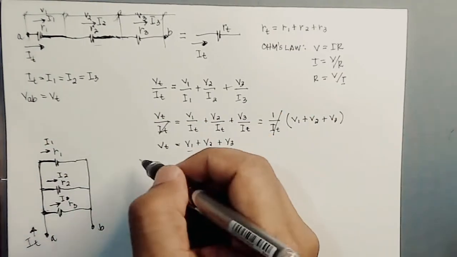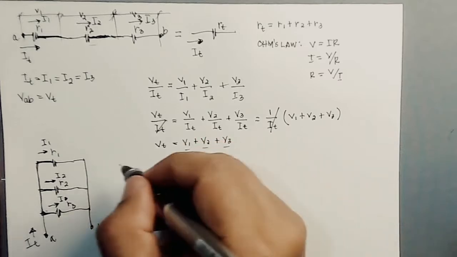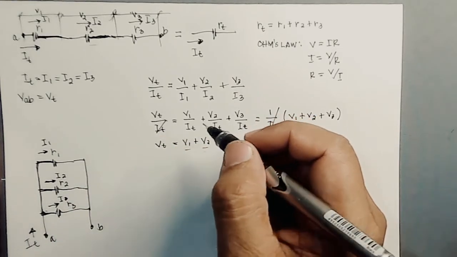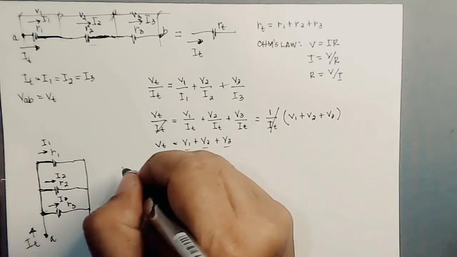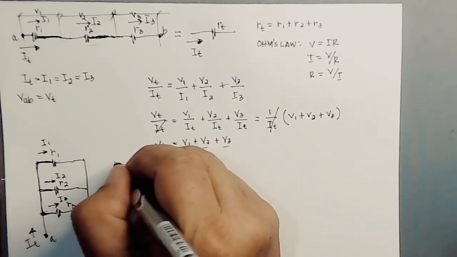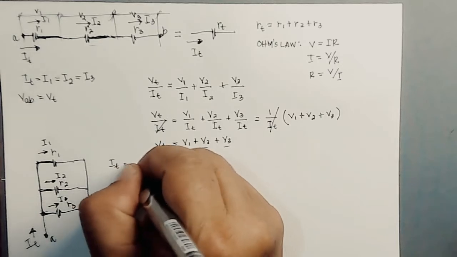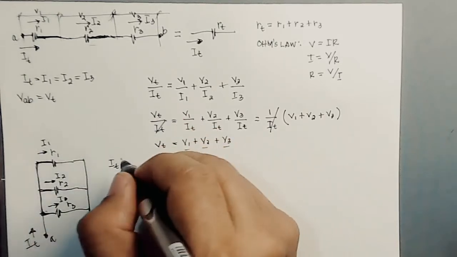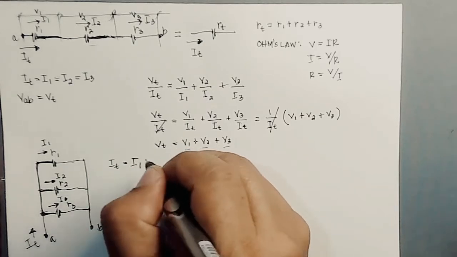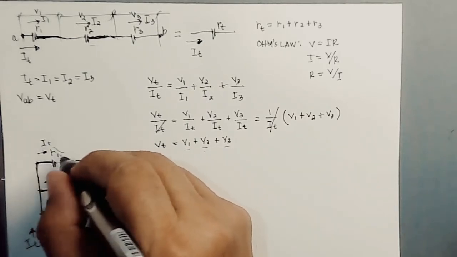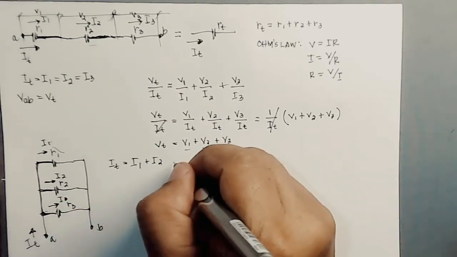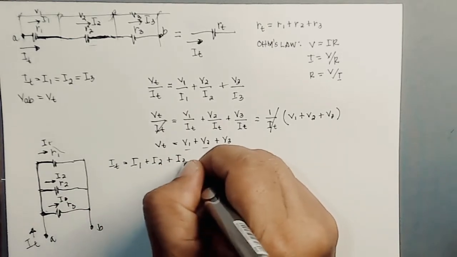So to be able for us to get the total current in parallel connected resistors, the total current is actually the addition of all the currents that are passing through the branches. So that will be I sub 1, the current at R1, and I sub 2, and also the current at R sub 3.